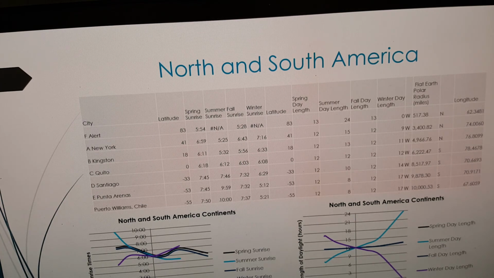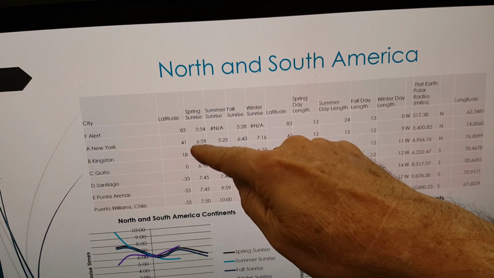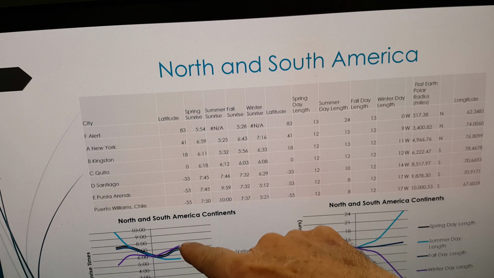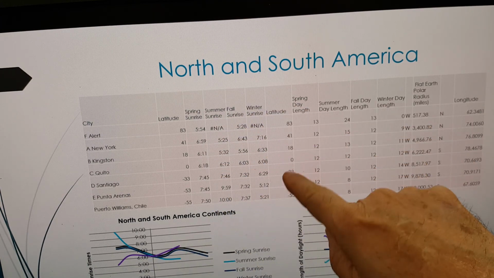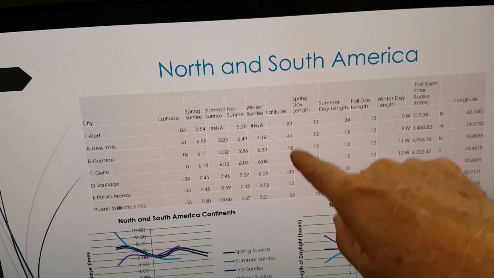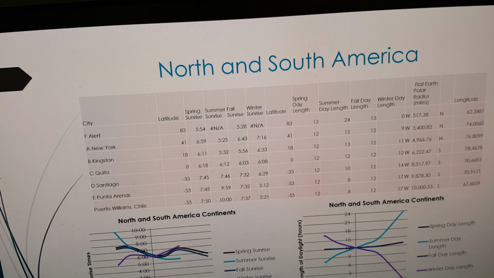So what I was curious about was if you take latitude versus the sunrise times, and then latitude again with the length of days, what we would see on a graph.